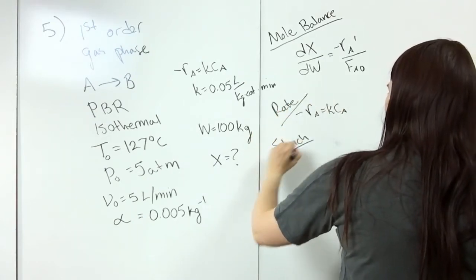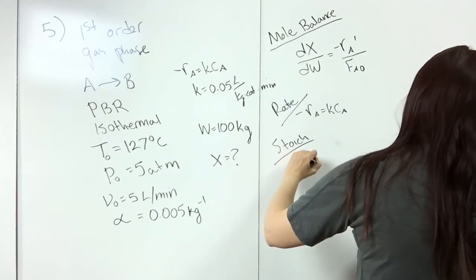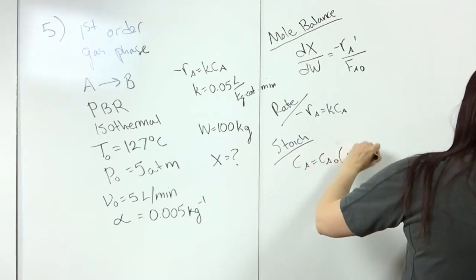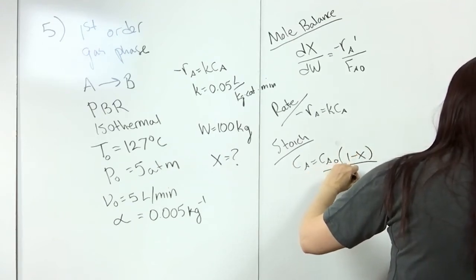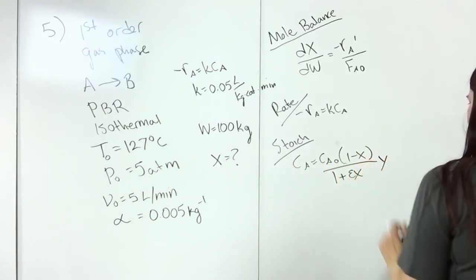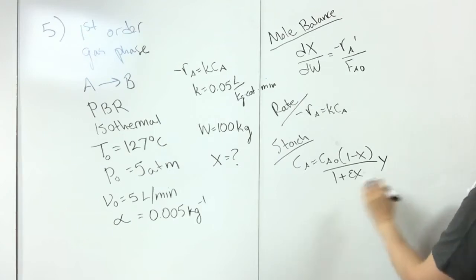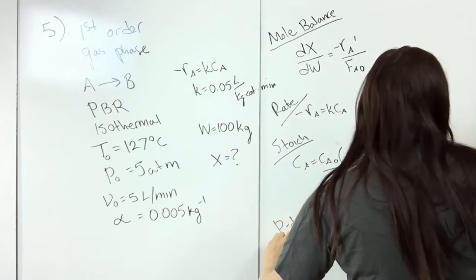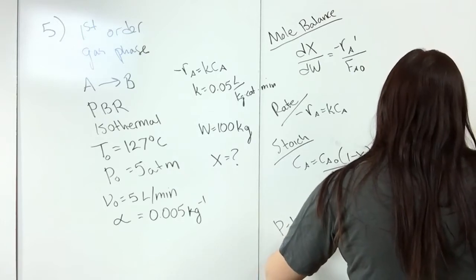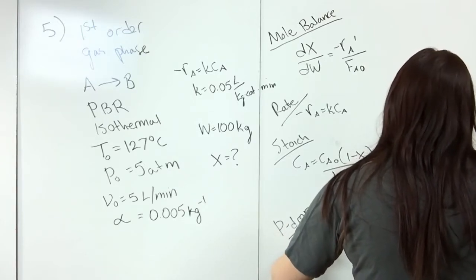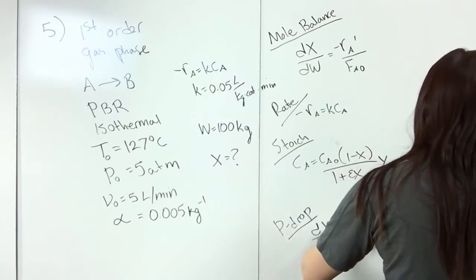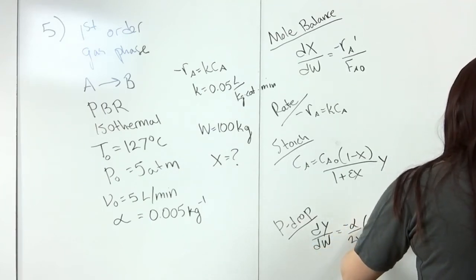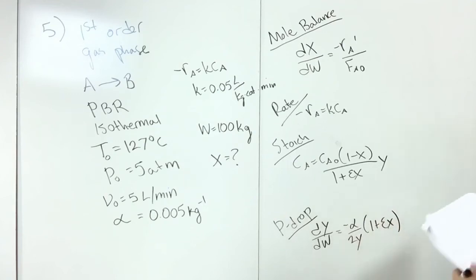Stoichiometry, it's gas phase, so we know that Ca is equal to Ca naught (1 minus x) over (1 plus epsilon x) times y. And y is for the pressure drop. And then we need to write an equation for the pressure drop, and that is dy/dW is equal to minus alpha over 2y times (1 plus epsilon x).